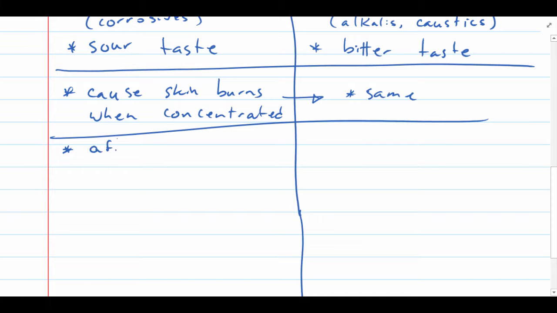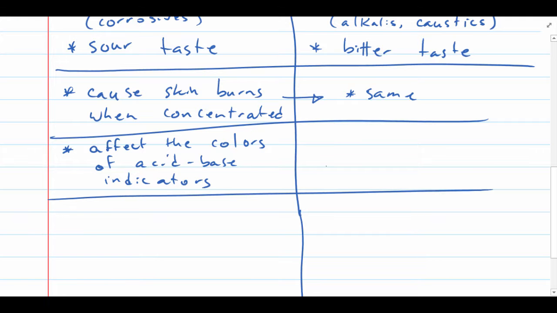We also mentioned that they affect the colors of acid-base indicators. We saw some of those here today. Bases will obviously do the same thing. And like Gloria, having done the lab with the red cabbage, saw that the colors changed.